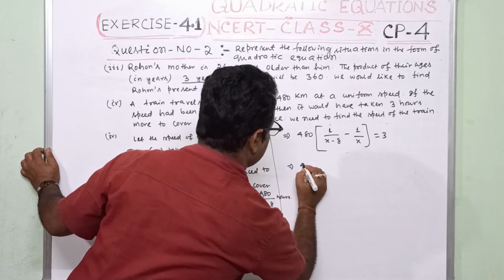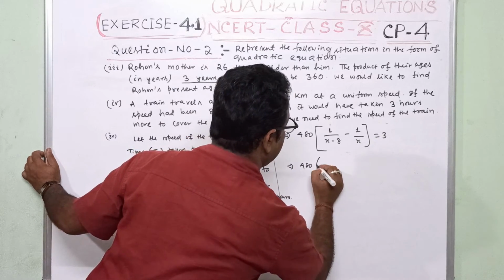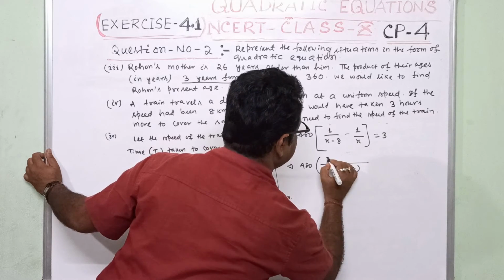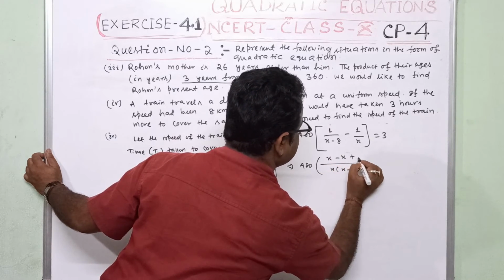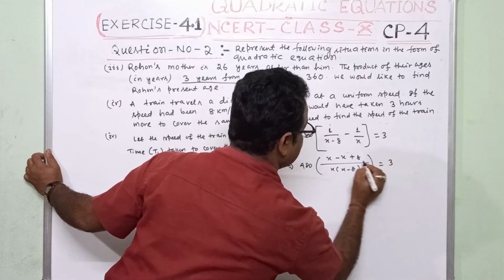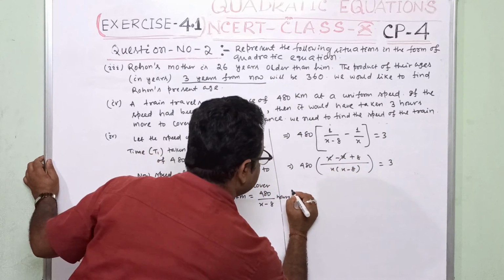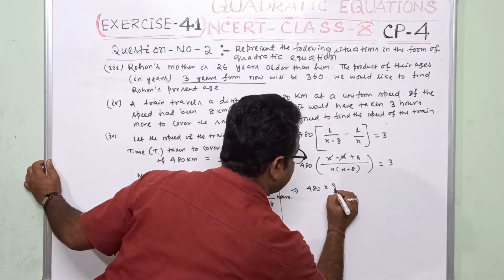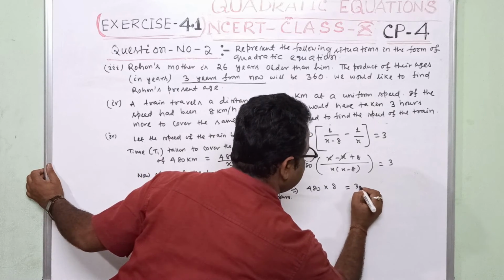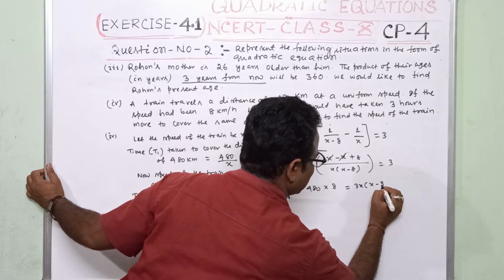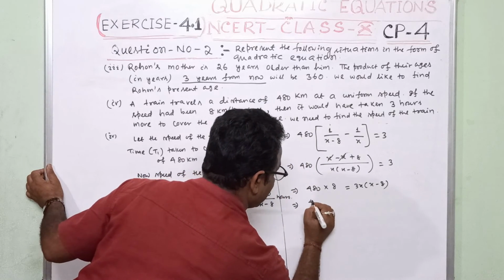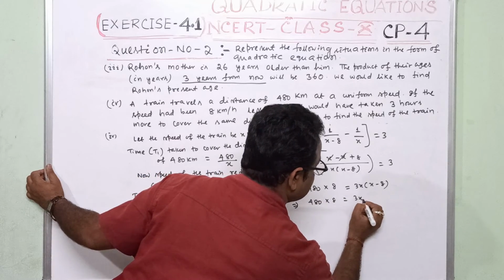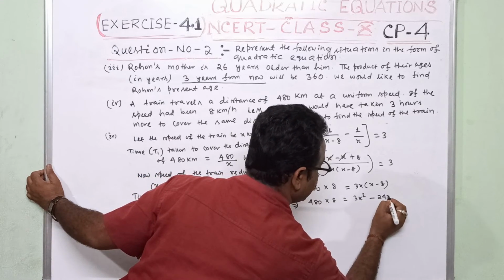That implies 480 into (x minus x plus 8) by x into x minus 8 is equal to 3. So cancelling x and x, that implies 480 into 8 is equal to 3x into x minus 8. That implies 480 into 8 is equal to 3x square minus 24x.